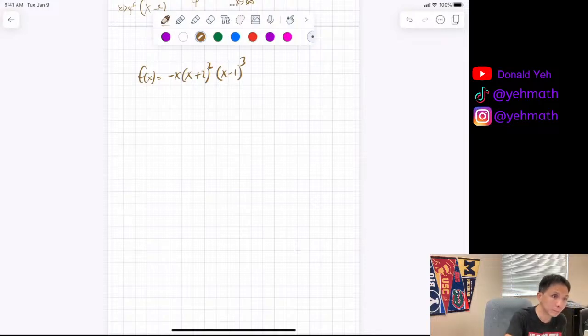No, the end behavior is wrong. To find out the end behavior, you must what? Multiply all the x together. Did you do that?